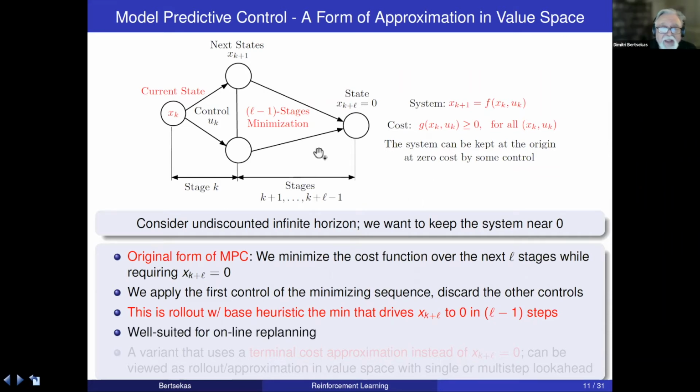Okay, a nice thing to know about MPC, and in fact, an important point for its acceptance in practice, is that it's very well suited for online replanning. As the parameters of the system change, you simply change this optimization. It's an online method, and it can adapt. It can do replanning on the fly.